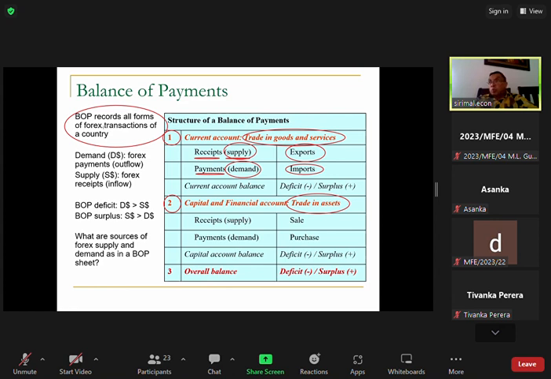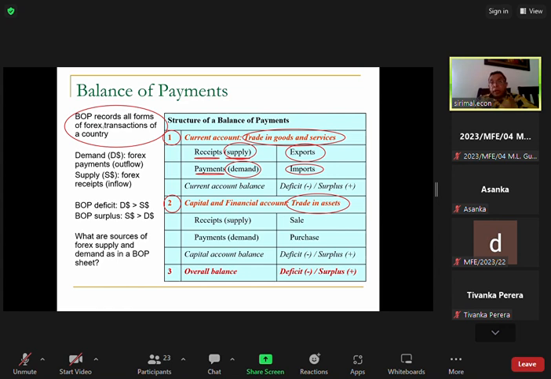So if you want to buy a service, you want to go abroad, you want to buy an airline ticket for a foreign airline, you want to buy healthcare services from India, you want to buy education services from Australia, you demand foreign exchange. So they are demand sources.